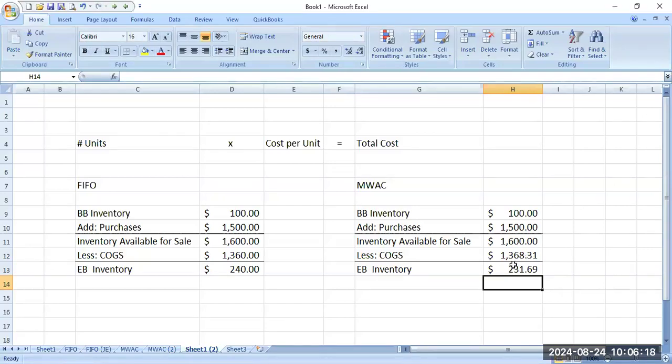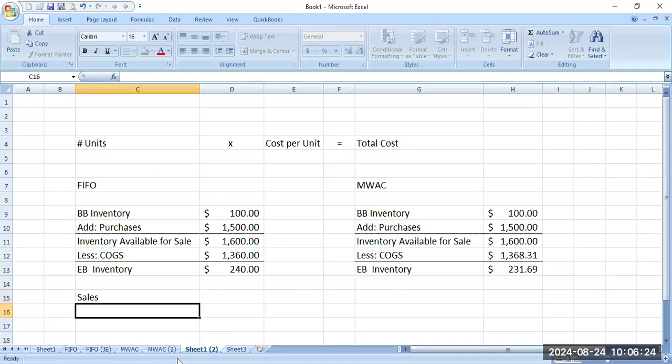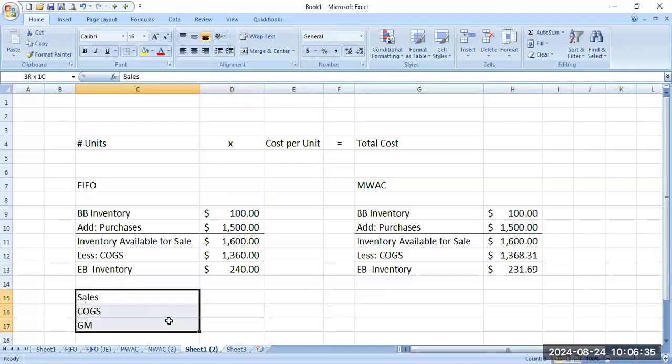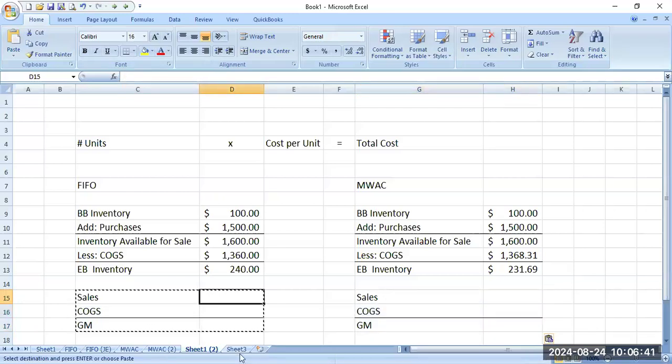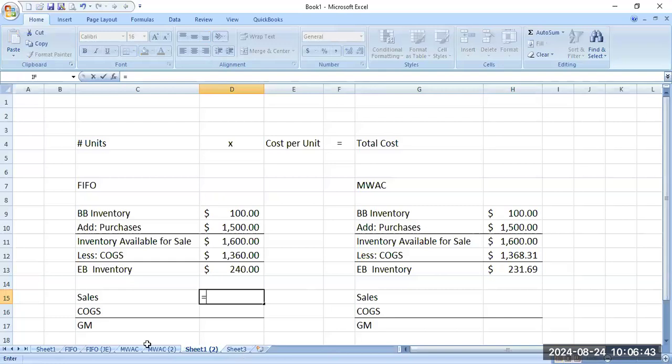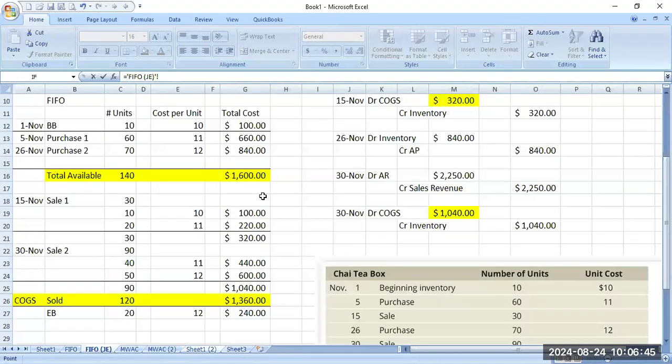Since we have that, where will be our effect on the gross margin? We're going to have sales, cost of goods sold, and gross margin. Where will be the gross margin under the first in first out? And where will be the gross margin under the moving weighted average? The total sales under both systems will be exactly the same.